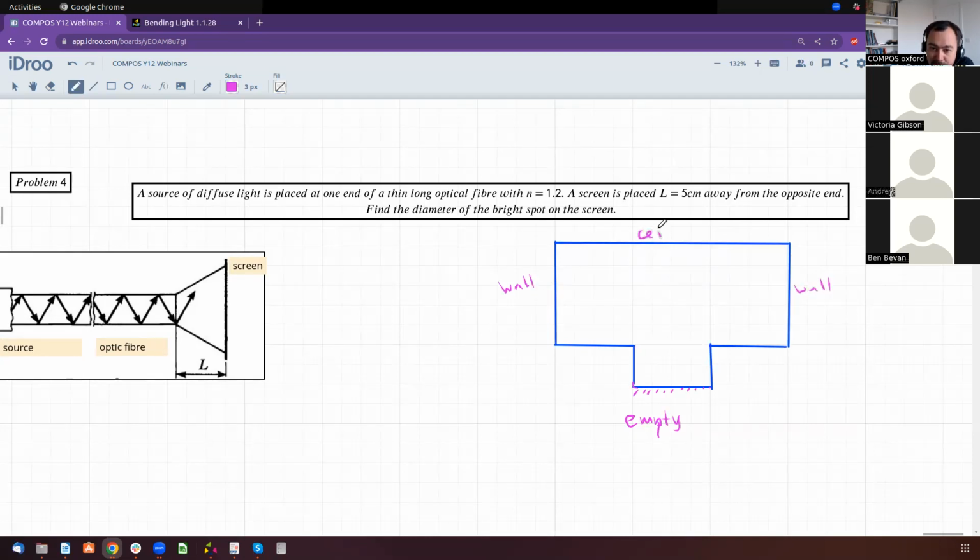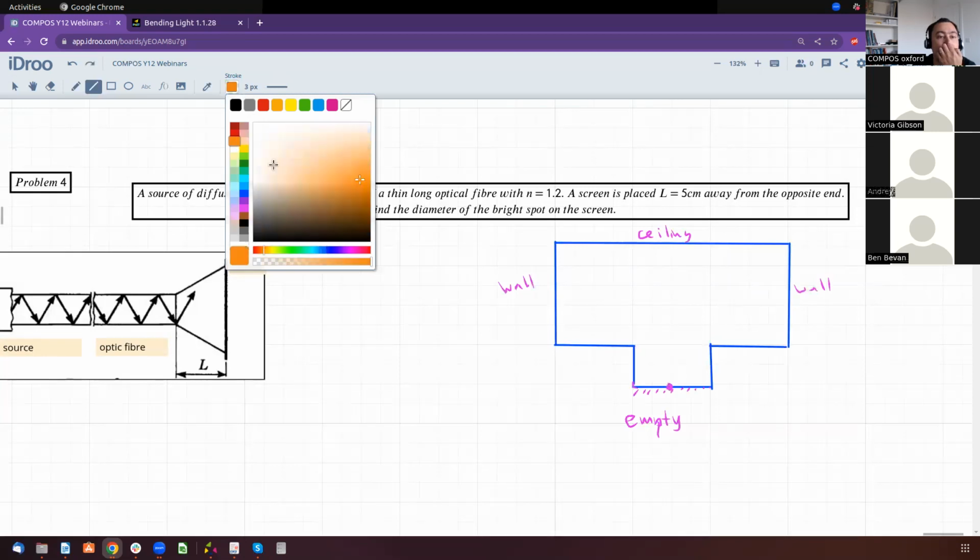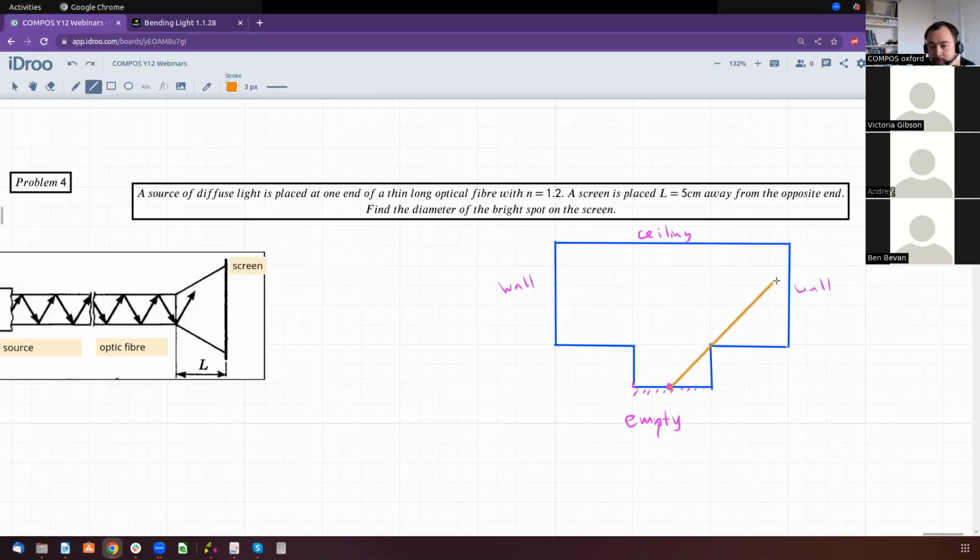You place a light source in the middle of the pool, and the light would shine like this.